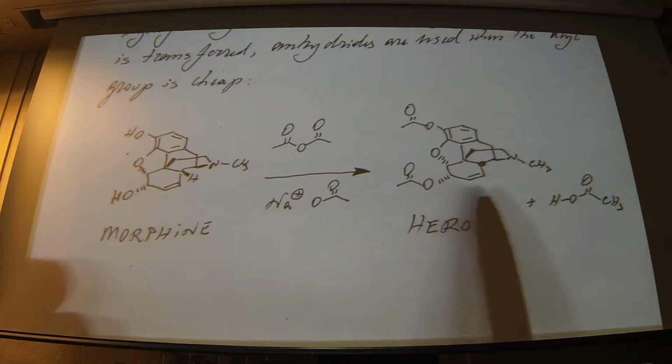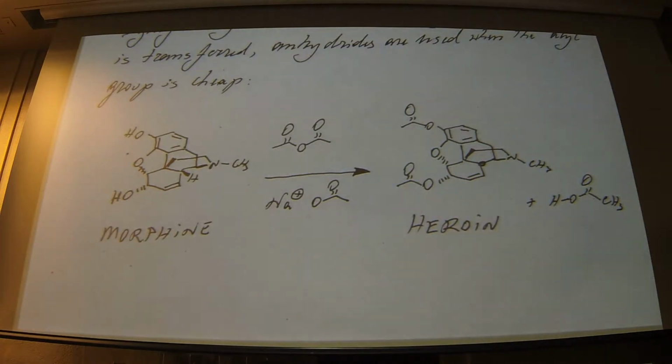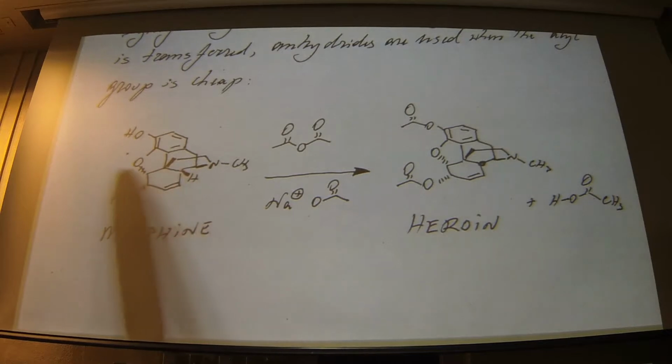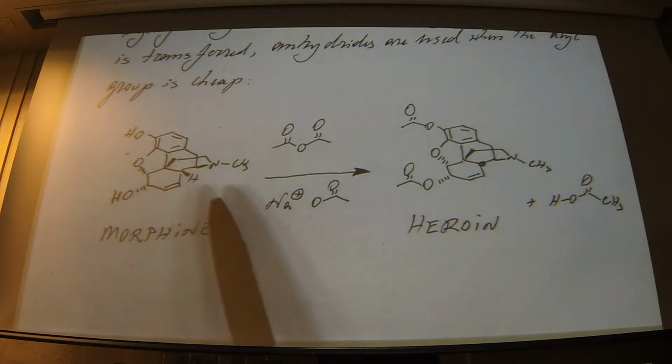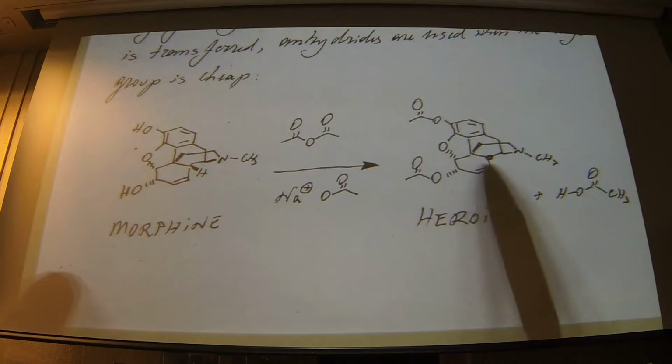There was a movie many years ago, The French Connection. How many people have seen that? Oh, you have, good. So basically, morphine base, grown in those days primarily in Turkey and other parts of the Middle East, was smuggled to Marseille in southern France, where organized crime converted it into heroin.